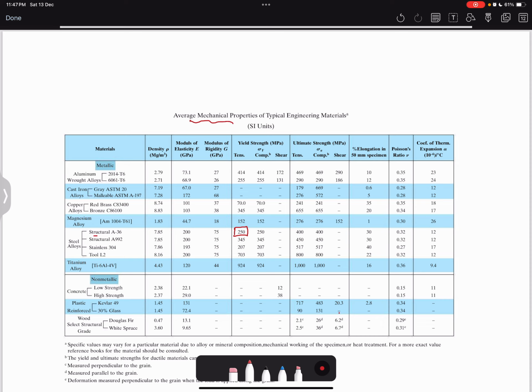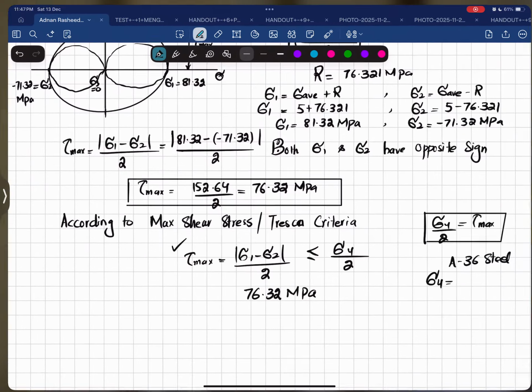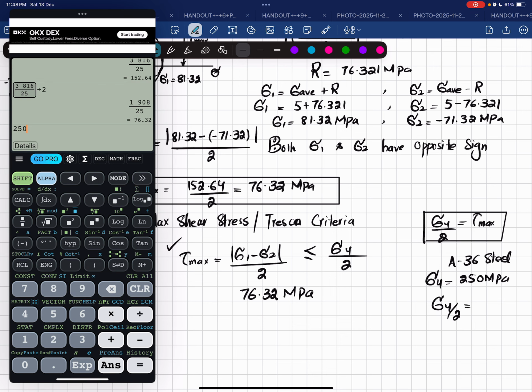Here you can see A36 has a tensile yield strength of 250 megapascal. So sigma yield divided by 2 will be equal to 250 divided by 2, which is 125 megapascal.